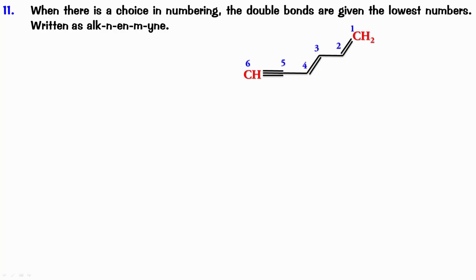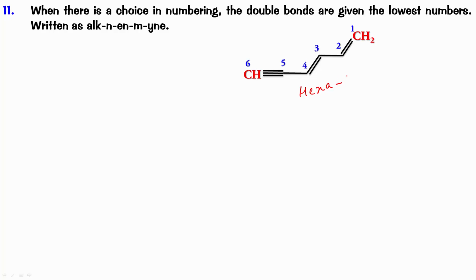So how are we going to write the name? The name is going to be, it's hex, okay, 6 carbon atoms, it's hex. And the first one is an alkene and it has to be hexa, because you're talking about a diene.